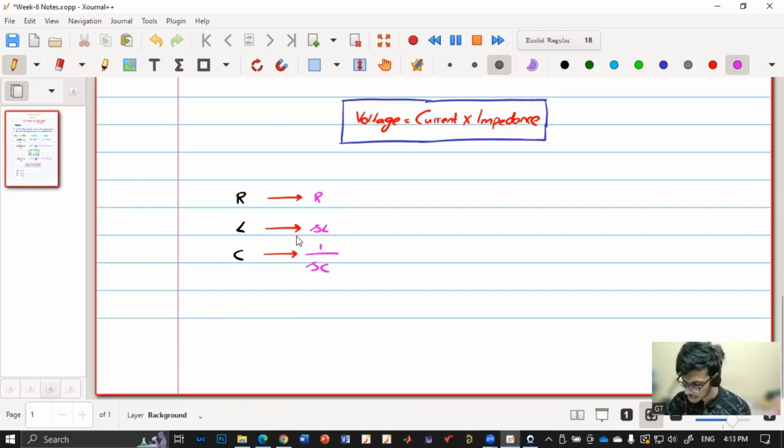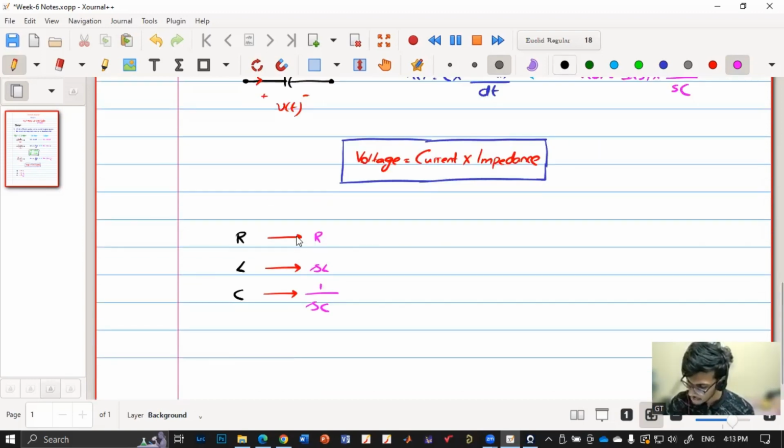So the steps to solve a given circuit are as follows.